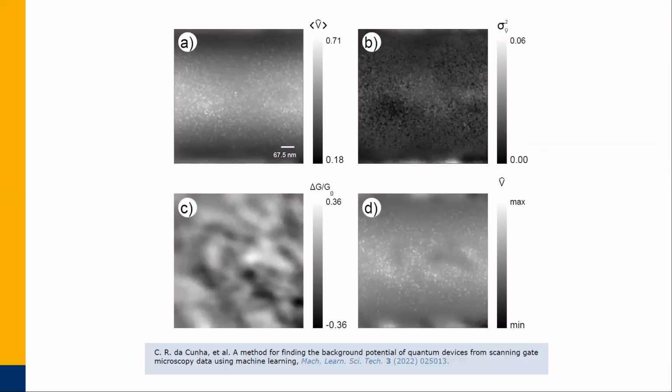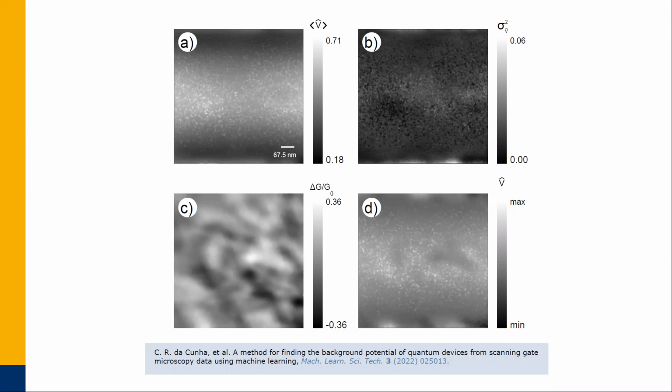So this is the average potential in a disordered quantum point contact estimated by cellular neural networks. This is the variance, obtained by changing parameters of my quantum constriction. I get the variance and average position of these scatterers.